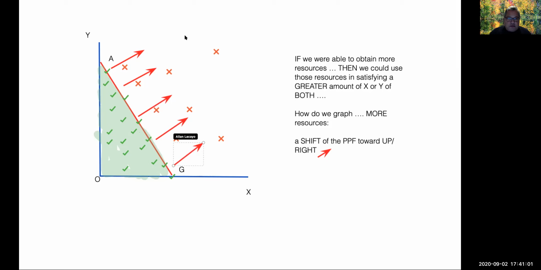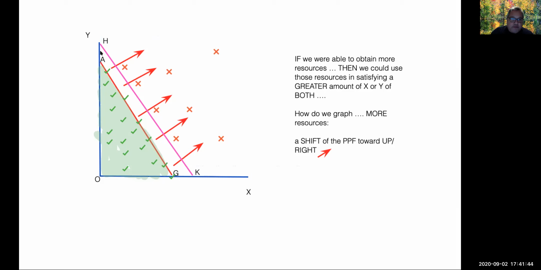So I'm going to draw another production possibilities frontier with a higher level of resource as a pink line here that goes, instead of going from A to G, the line's going to go to H and K. And that would imply that we now have more resources available than before.